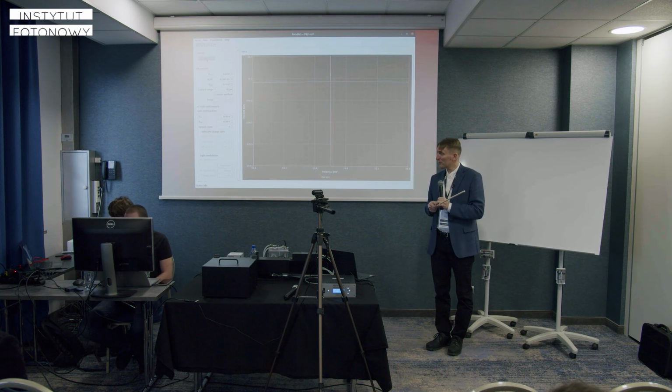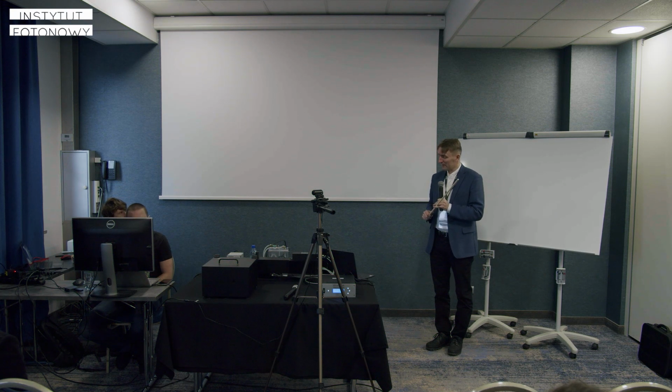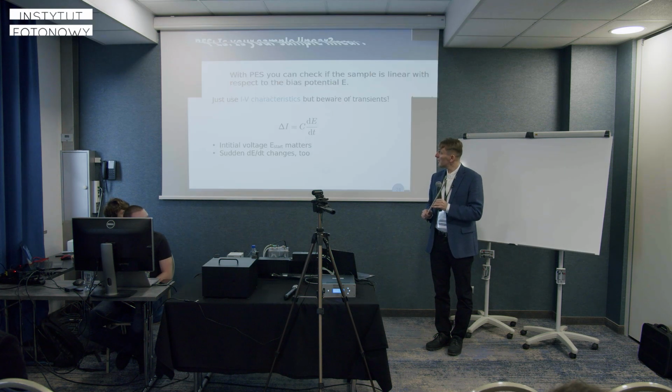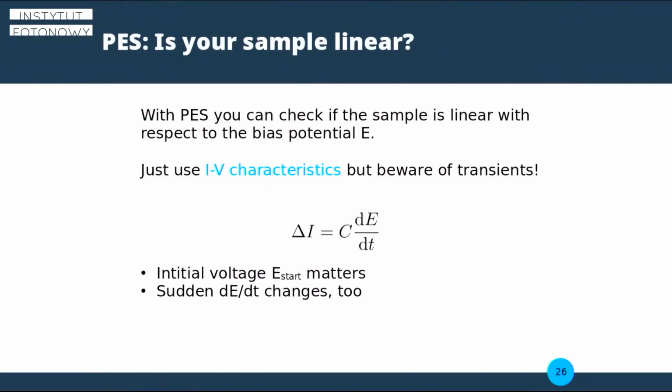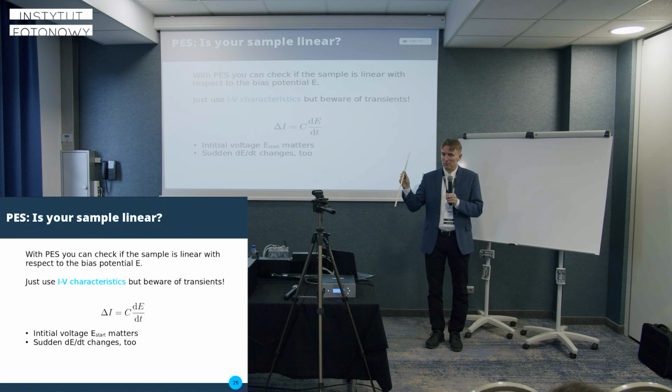Please go to my presentation. Yes. Thank you. We started our sweeps at some velocity, some volts per second. And then our sample initially was held at a very different voltage than 0 voltage.